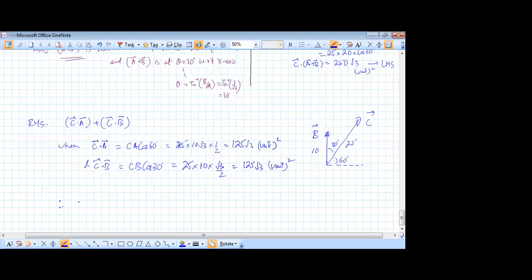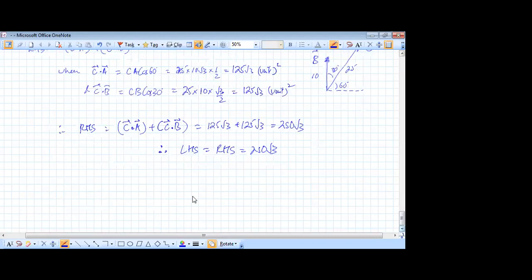Okay. So therefore, RHS, which is C dot A plus C dot B, is just becoming 125 root 3 plus 125 root 3, which is the same thing as 250 root 3. So therefore, you can see that left hand side is equal to right hand side is equal to 250 root 3.